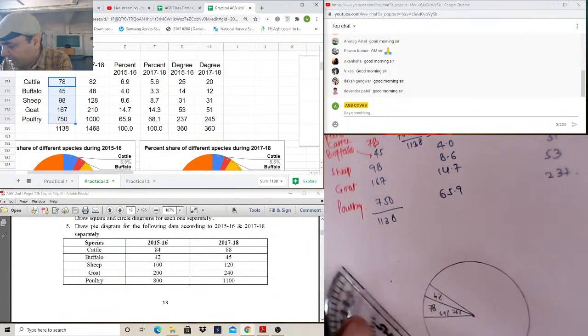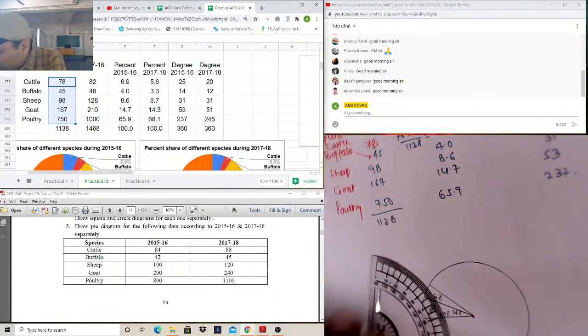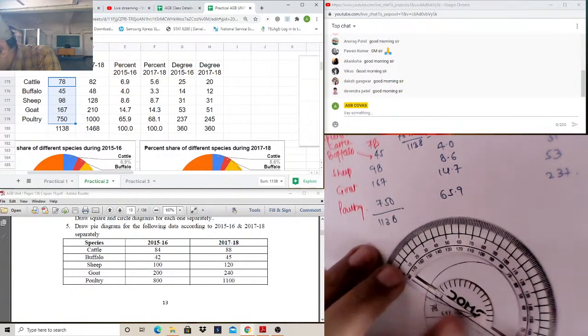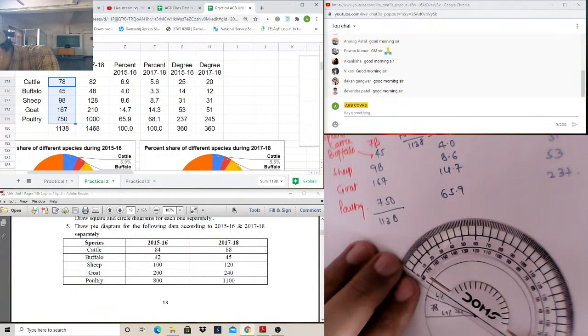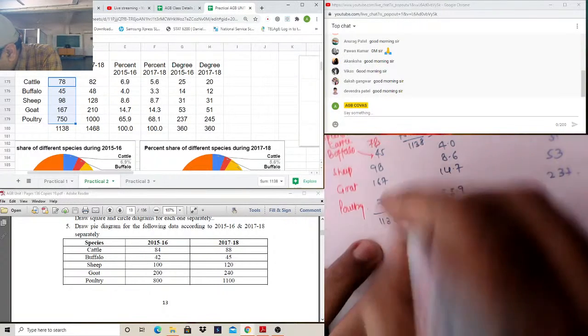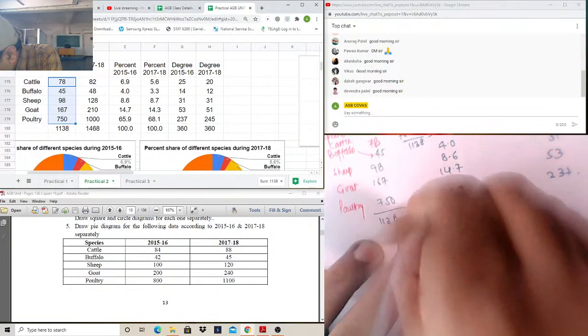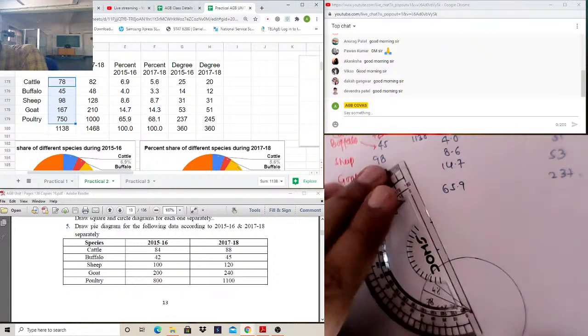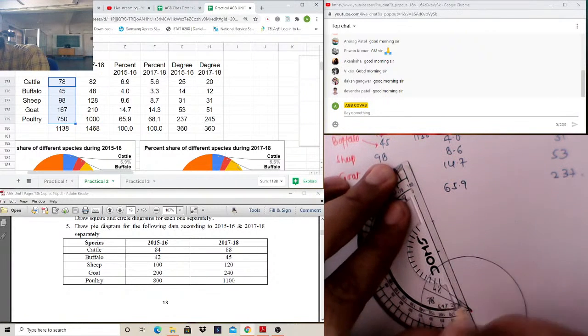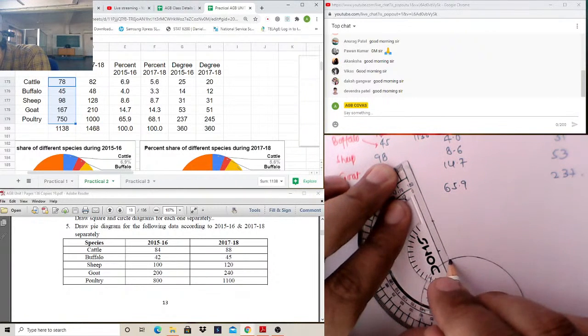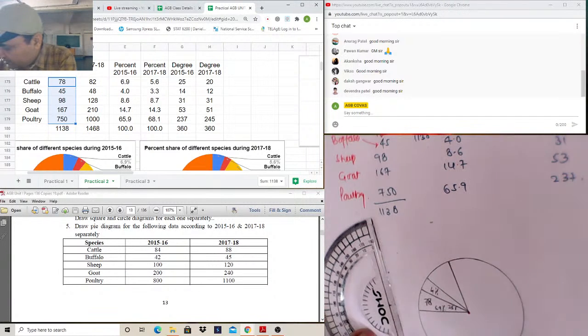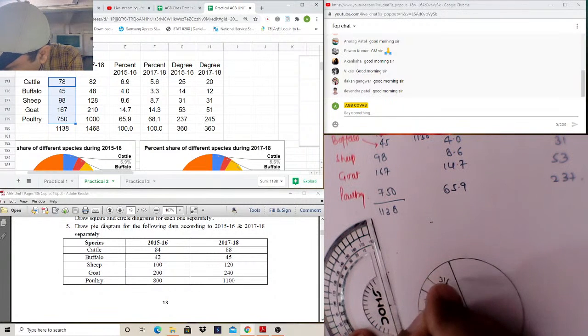Then from this you have to mark 31 degrees, and connect these lines. This will be your sheep, 8.6%.